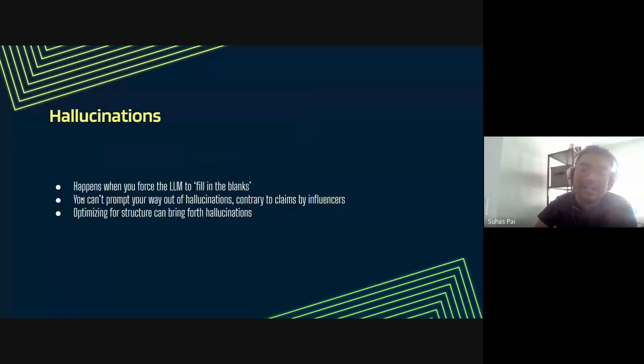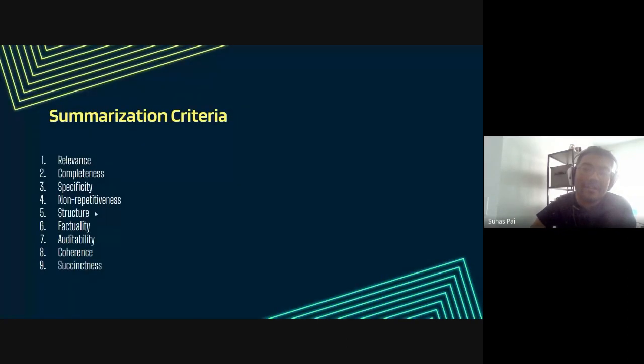But even then, even if you are 100% careful with that, you can't get rid of hallucinations completely. So for example, if you optimize for structure, the generation tries to force itself into adhering to a certain structure, and then it gets boxed into a place where it can do nothing but hallucinate. So when you optimize for structure, you lose factuality.